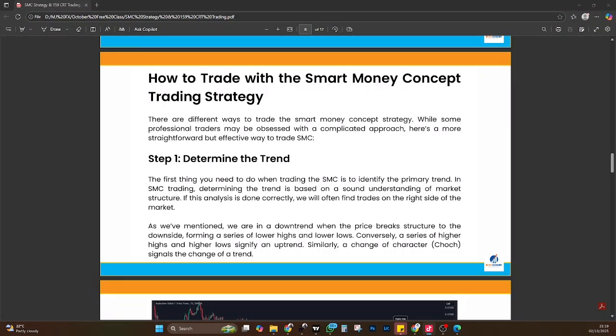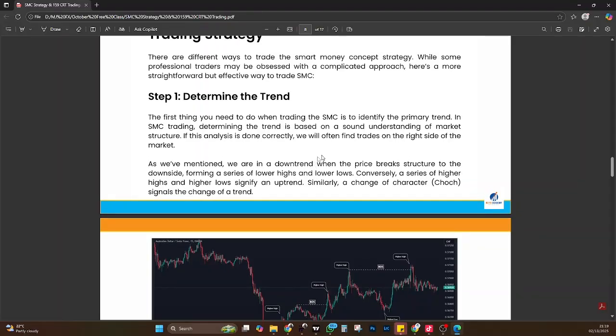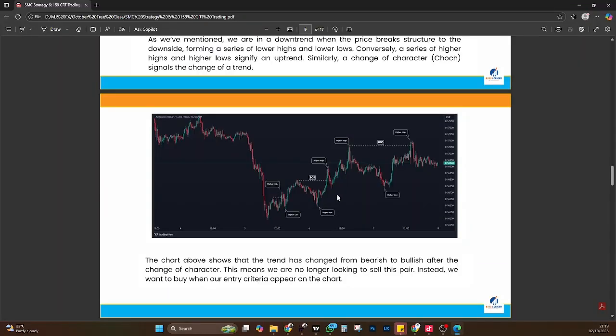If we are in an uptrend, wait for the market to give you a signal. If we are in a downtrend, wait for the market to give you a signal. Okay, so that is very important. Understand where we are moving.